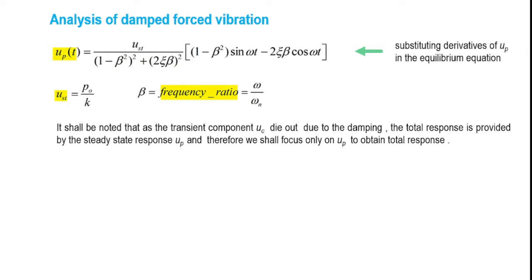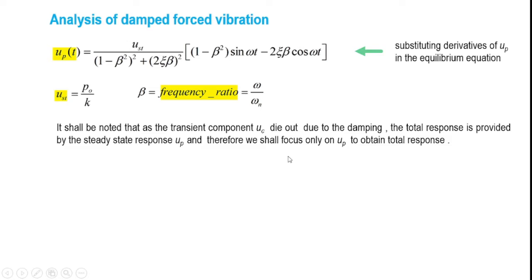Now remember that in the previous slide we have seen that the total solution is a complementary solution plus the particular solution. The problem is that in the complementary solution, the transient component dies out due to the damping effect, which means that the total response is obtained solely by the particular solution, and it is very clear that this particular solution provides us the steady state response up.